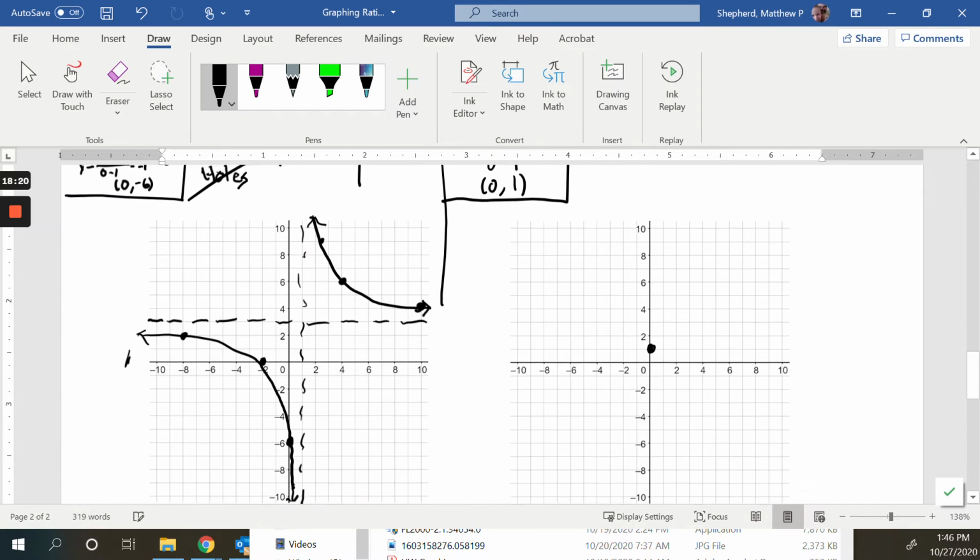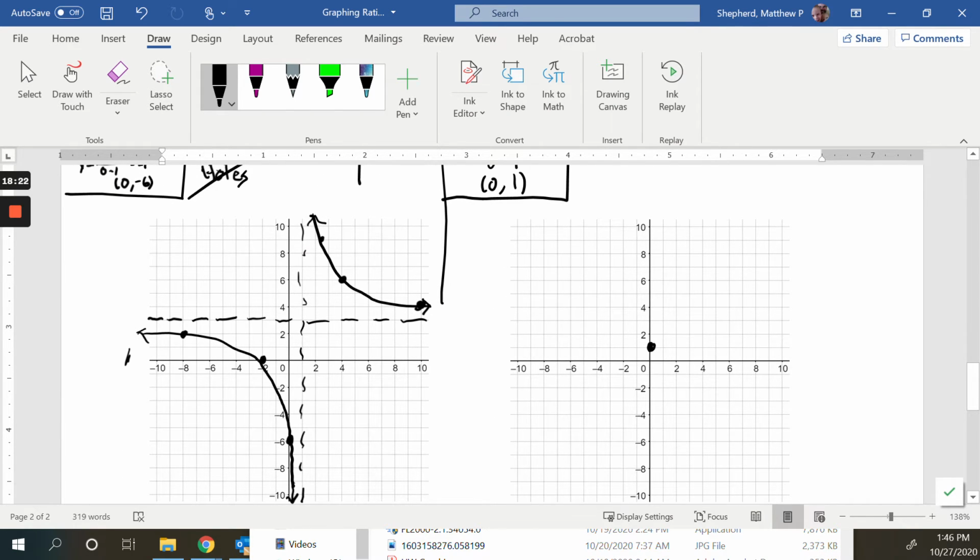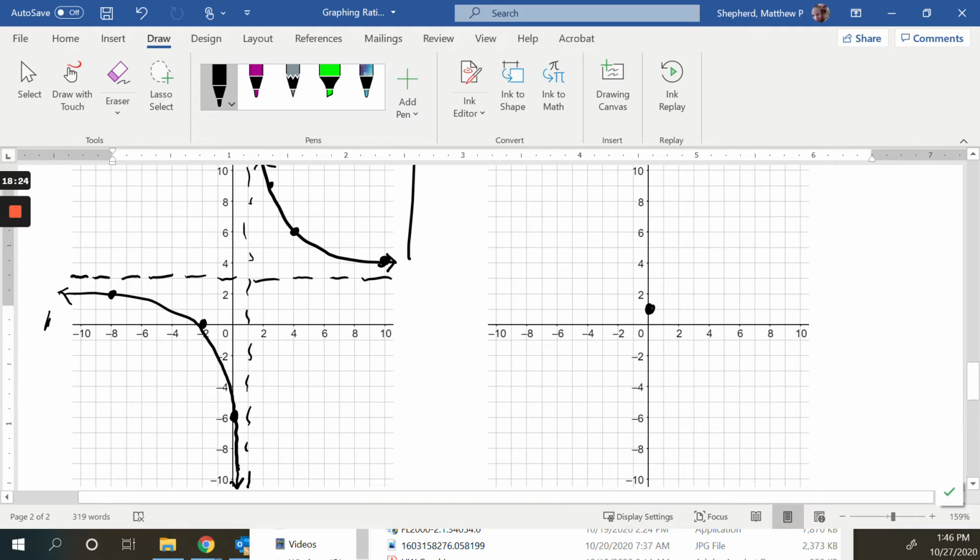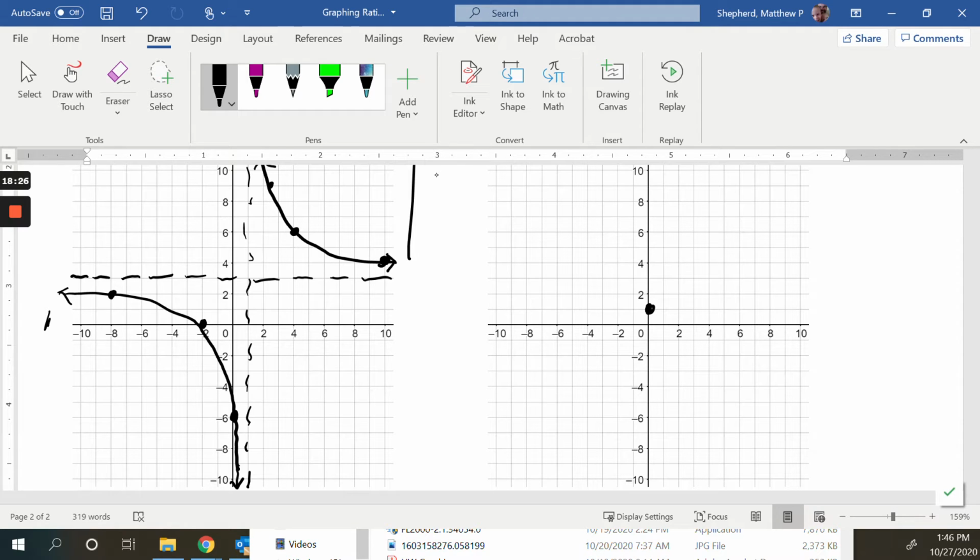So we can go down to our graph and go ahead and draw those in, where x equals negative 3 and where x equals 3.